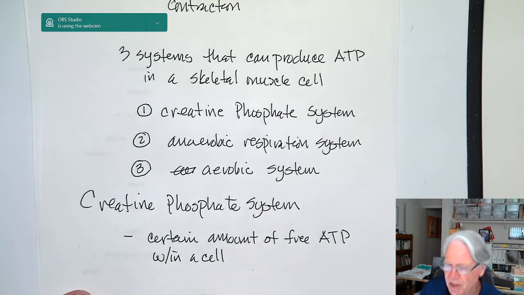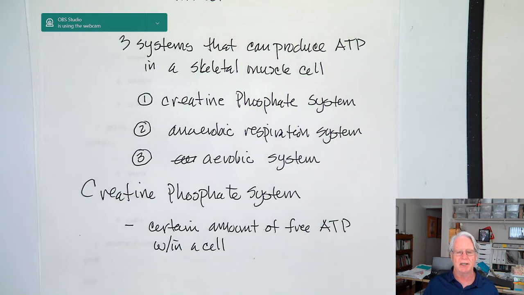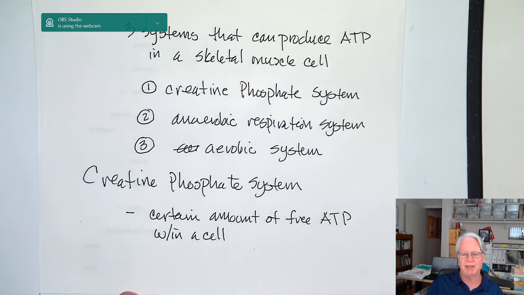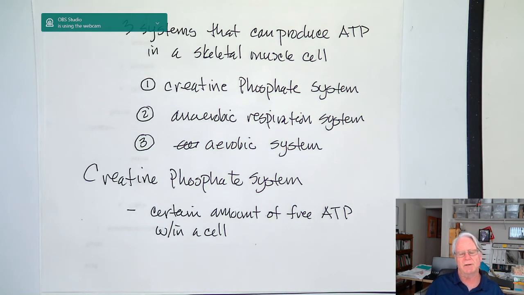In other words, the cells are generating ATP on a constant basis, and this includes all cells. And then that ATP is almost immediately used up to drive some system, some metabolism inside the cell to do some work. Now, in a given moment in time, if you were looking at that cell, you would see that there is slightly more ATP available in that cell than what's required in that moment to do some work. So there's always a certain amount of free ATP.